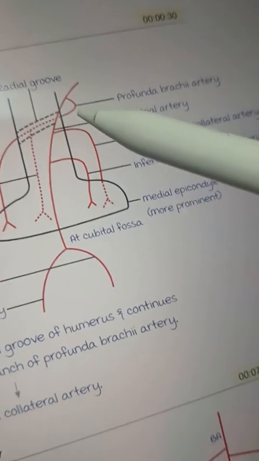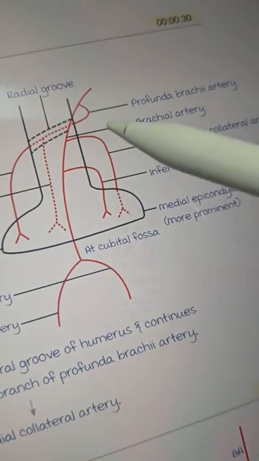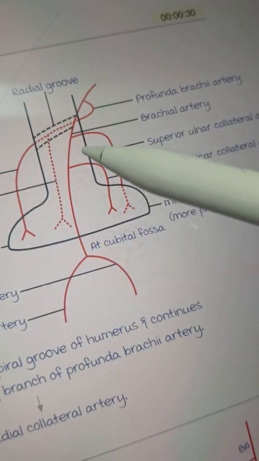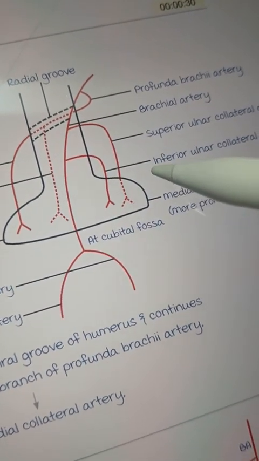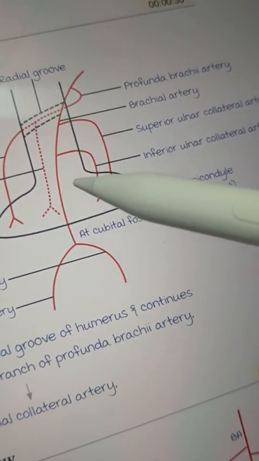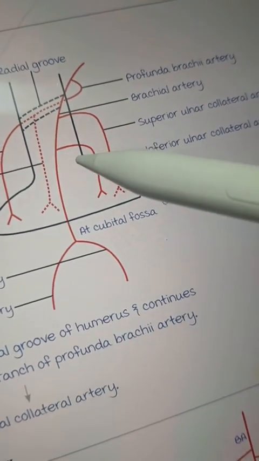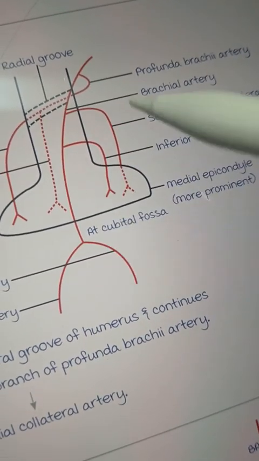This brachial artery starts from here, and it gives a branch which is known as the profunda brachii artery. And then from the profunda brachii artery, after it is given, here begins basically the brachial artery. Here it again gives a branch which is called superior ulnar collateral artery. That's the one. And here we have an inferior ulnar collateral artery. These two arteries go, basically inferior ulnar collateral artery runs in the same direction.